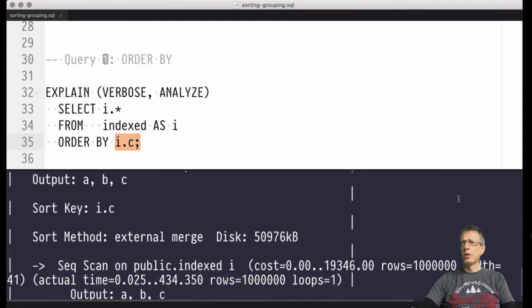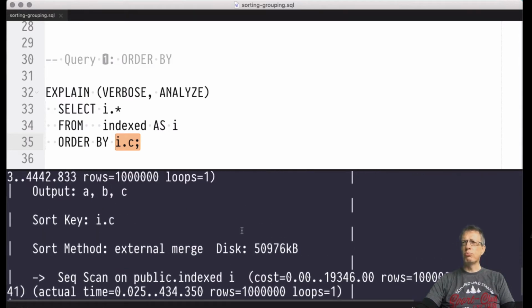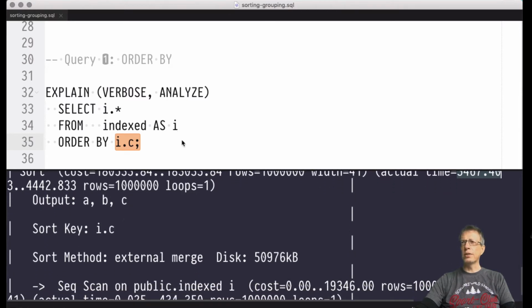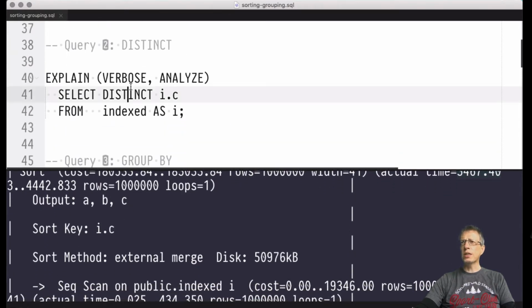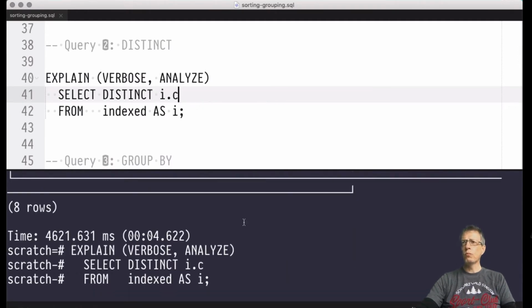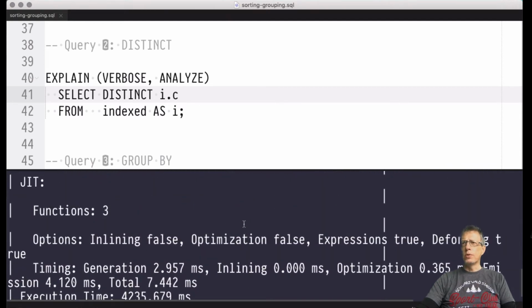So this is the consequence of the fact that we have to use an explicit sort operator in the plan here. All right, so let's look at the second query, at this distinct query that looks for distinct C values. All right, so this is the plan.